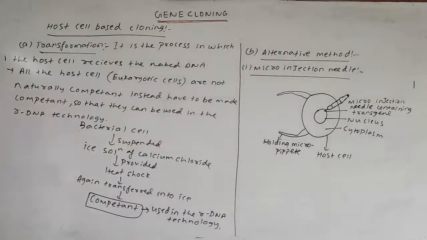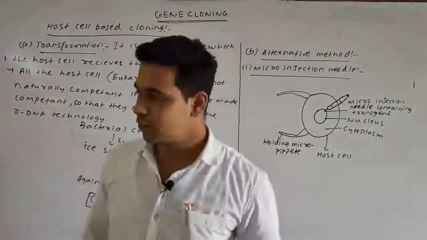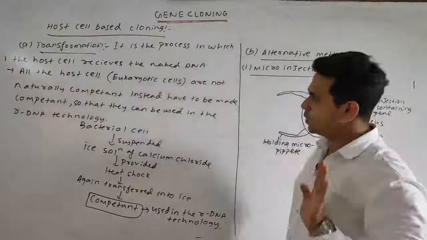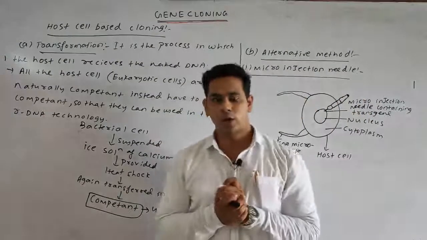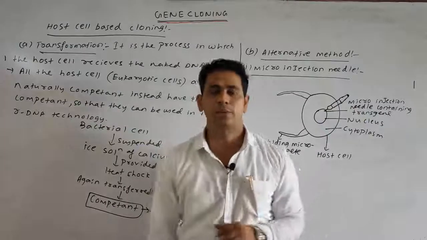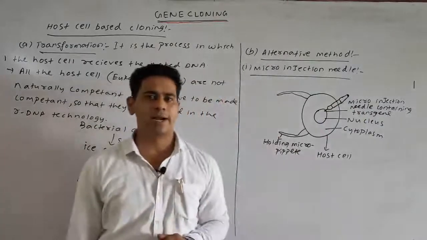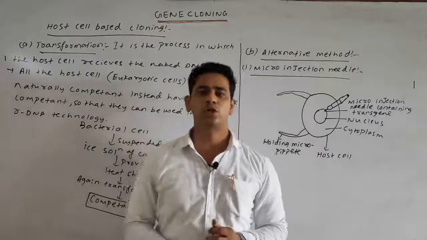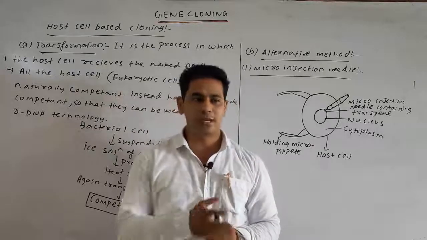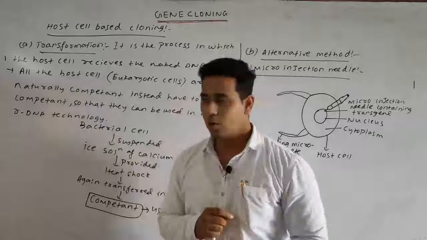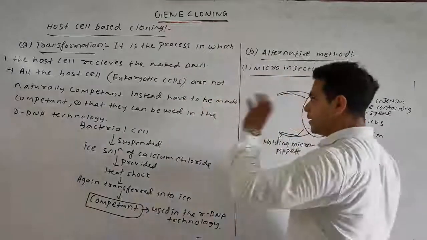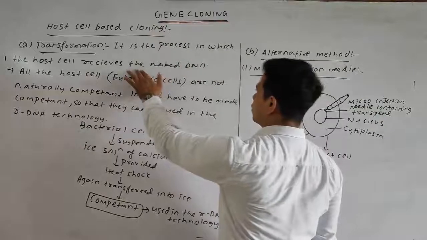Okay, so this is our first one, transformation, in which the host cell receives the naked DNA, but all the host cells are not competent. Because if you remember, we discussed in the tools of biotechnology, the last one is the competent host. Means the host should be competent so that it can receive the naked DNA and be used in the rDNA technology.